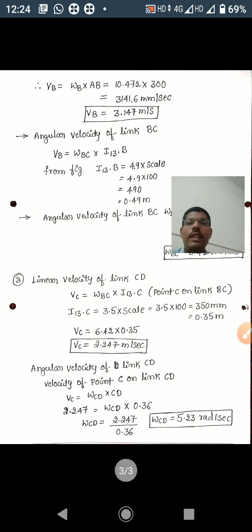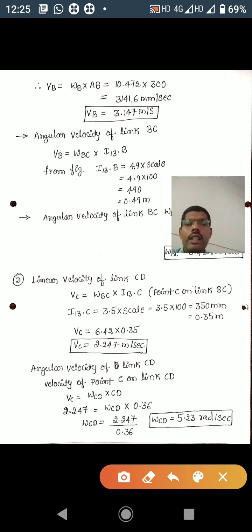Then next, the linear velocity is asked. What is the formula for linear velocity? Angular velocity into link length, that is AB. If you multiply, you will get the linear velocity of the link B. Then for the angular velocity of the link BC, you have to go for the link BC.